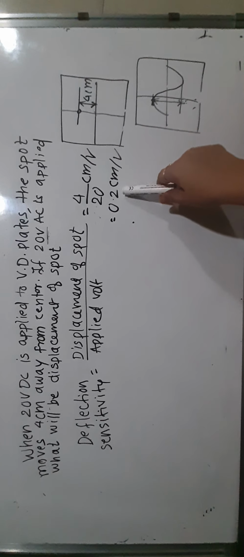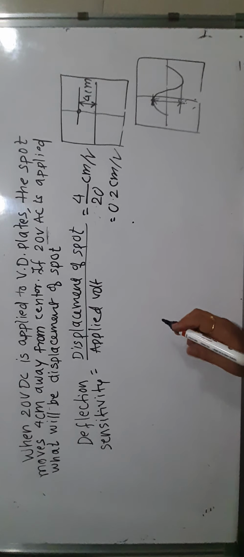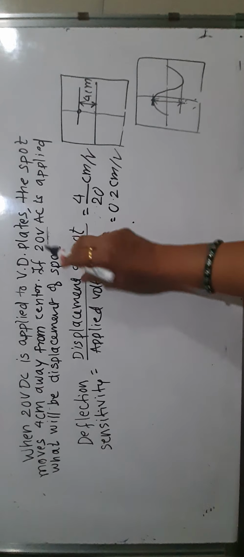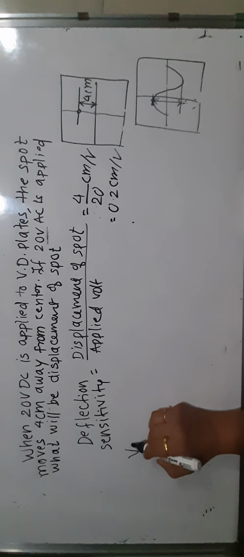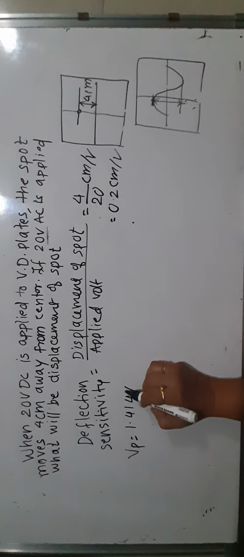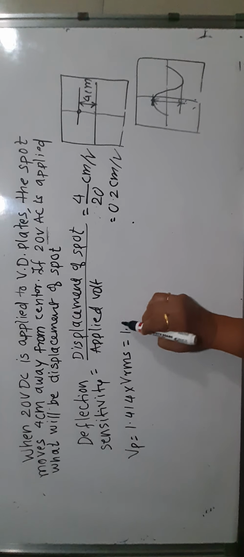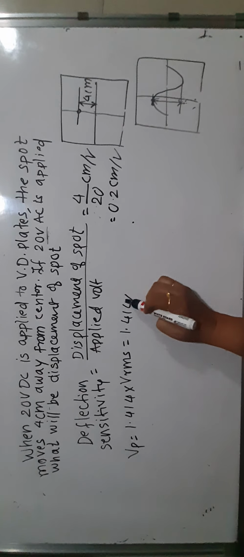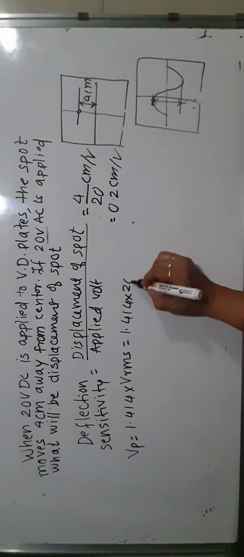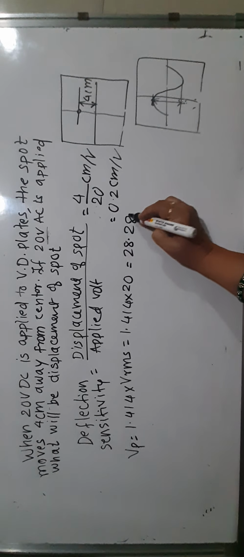Now we can use this deflection sensitivity here also. Now we have to first calculate V peak. V peak equal to 1.414 into Vrms, equal to 1.414 into the RMS voltage given, which is 20 volt. So it becomes 28.28 volt.